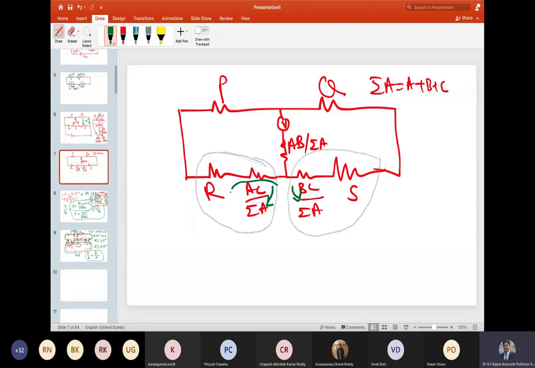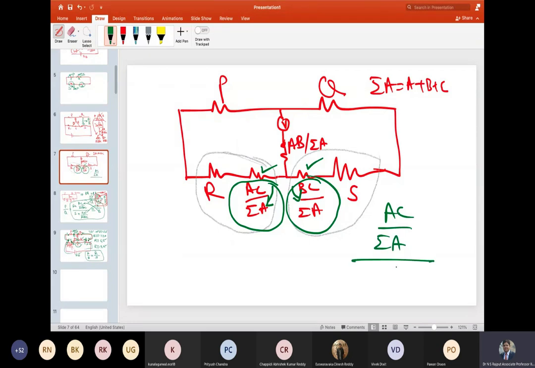So if I talk about the ratio of these two resistances, the C has been distributed in a ratio which is AC by sigma A divided by BC by sigma A. So everything goes off. What remains is A by B.